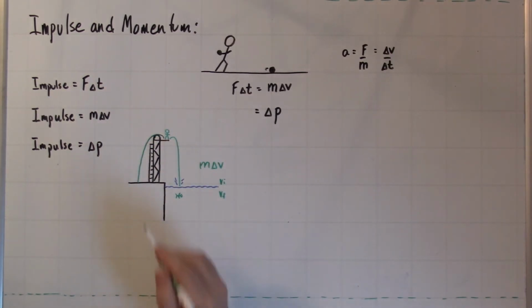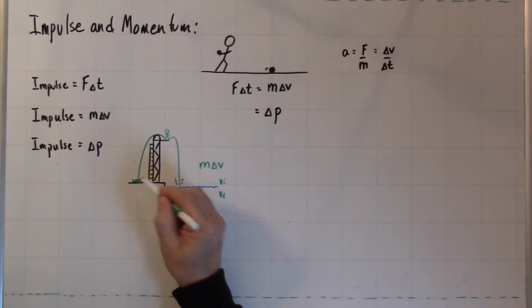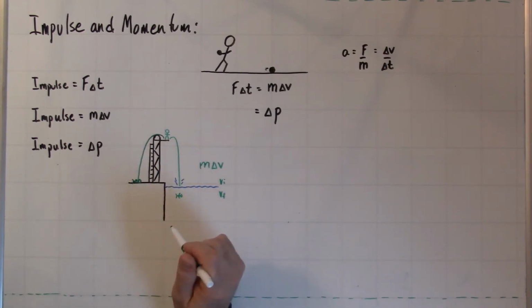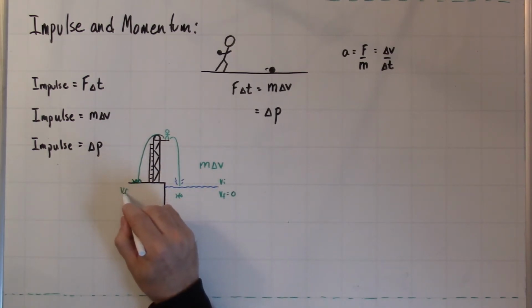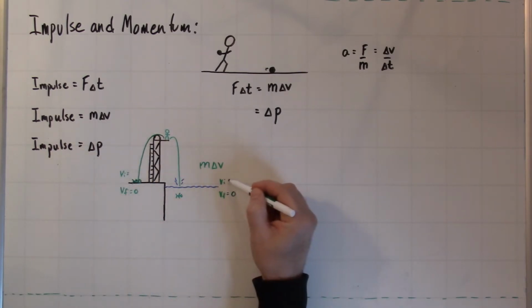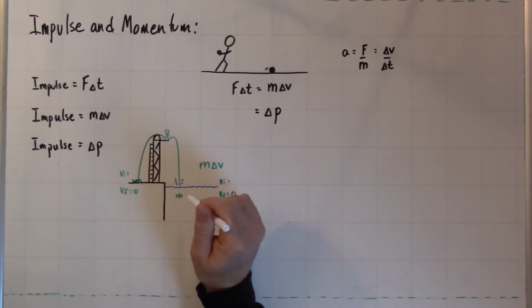Now, I don't suggest this, because if you jump onto the concrete, something bad is going to happen. You are still going to come to a stop. Your final velocity is still 0. Your initial velocity was still the same, and you came to a stop. But why are these two different?